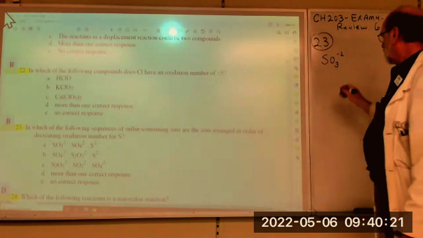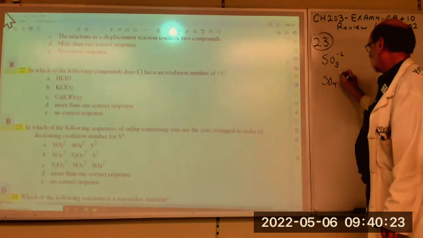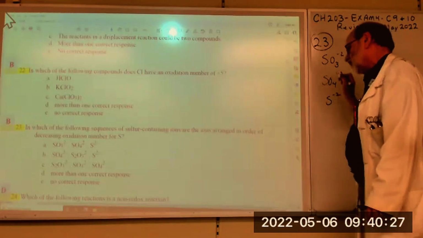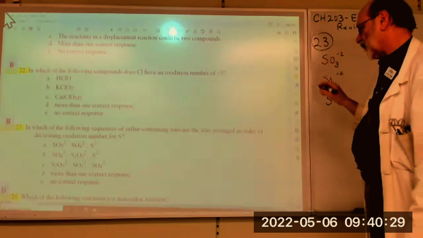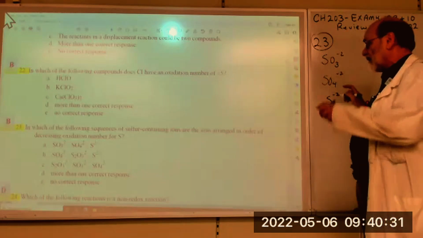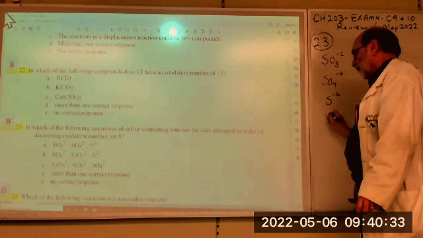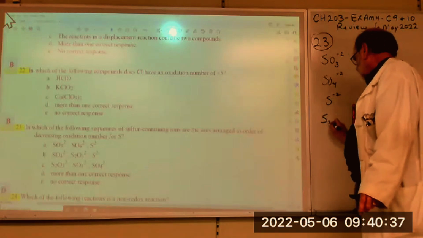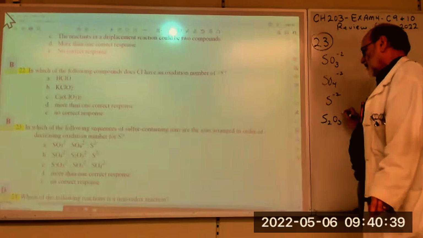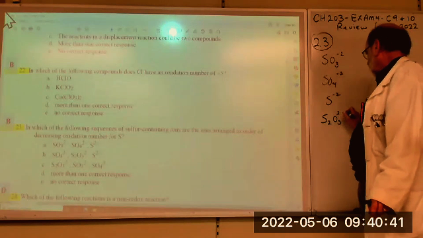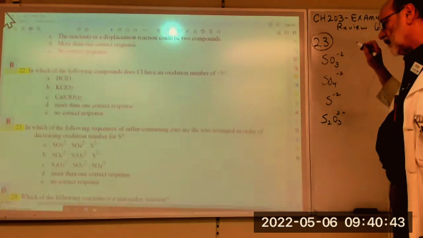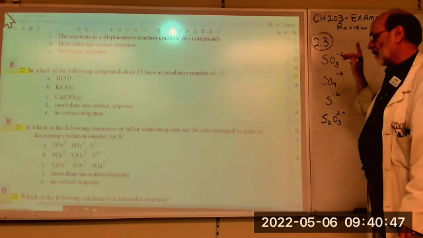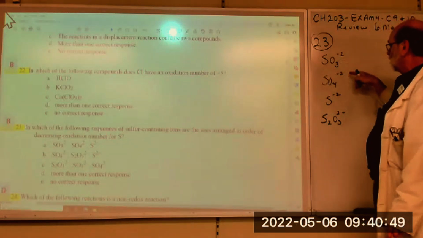We've got sulfite, we've got sulfate, we've got sulfide, and we've got thiosulfate, S2O3 2 minus. I think that's all of our choices. So we need to do the oxidation number for each of the sulfurs. Right?